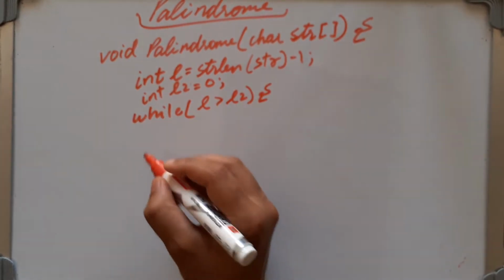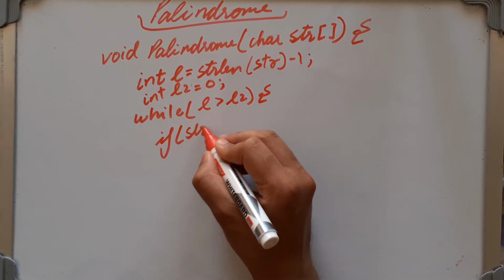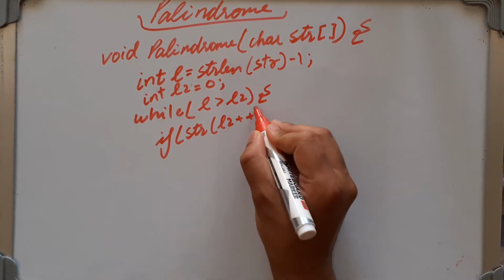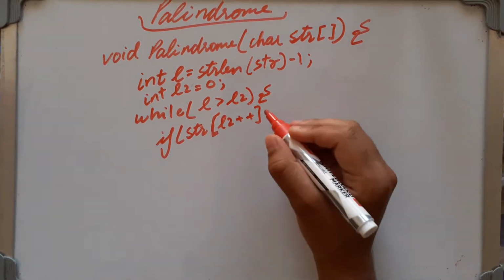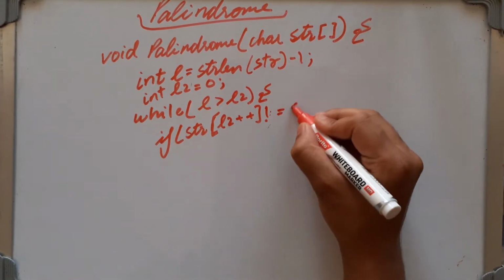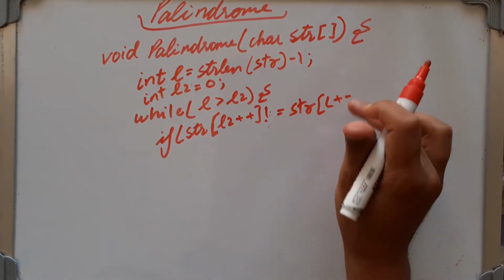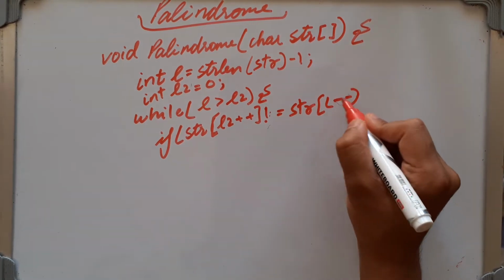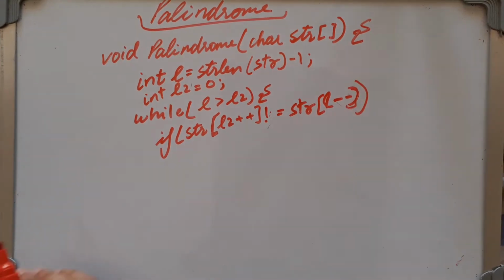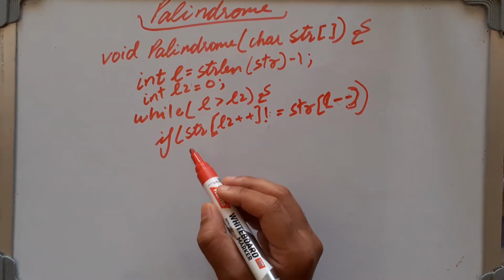In this, write an if condition: if str of L2 plus plus, this is the array bracket, str of L2++ is not equal to str of L minus minus, sorry, because L is the length now, L minus. This is your condition.